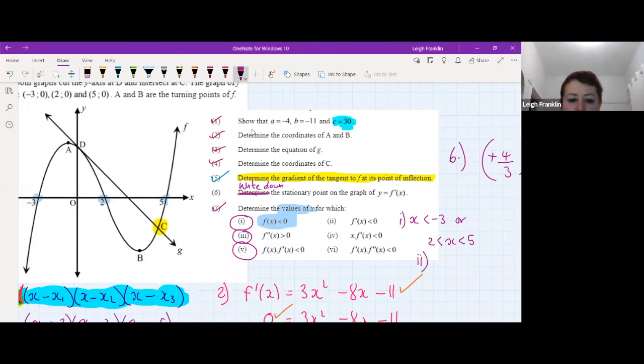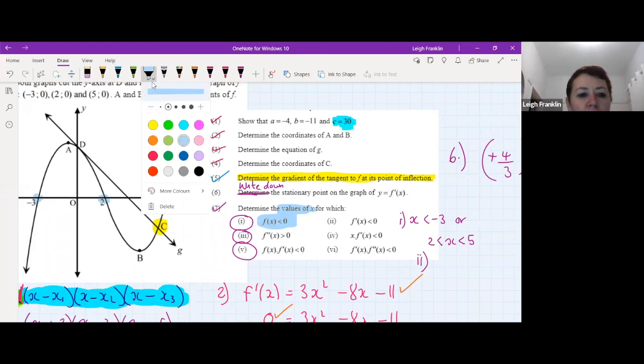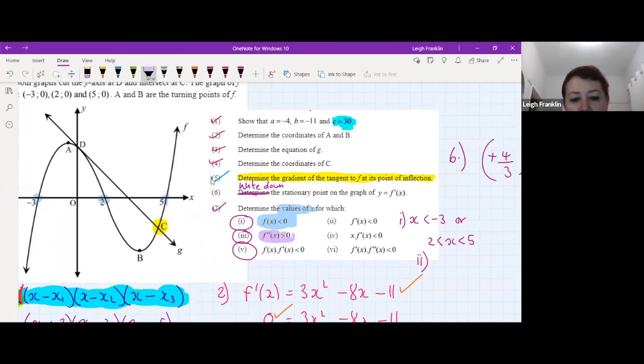For number 3, they're asking us, what does this mean? f prime prime x greater than 0. What are they asking us when they give us that? Yes, so yeah, positive concavity. Good, Michael.